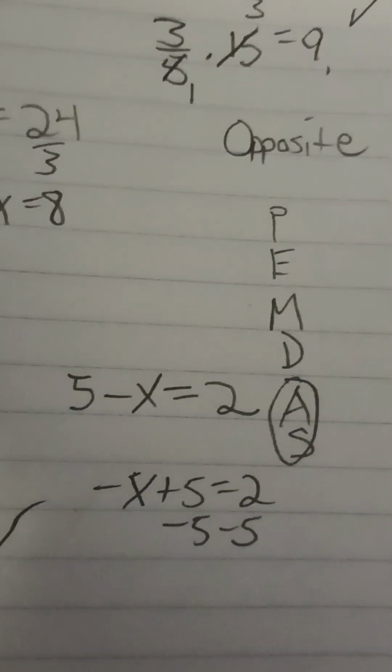Now we subtract 5 from both sides. So now I have negative x equals, and 2 minus 5 is negative 3. So negative x equals negative 3. Divide both sides by negative 1, and I get x equals 3. And 5 minus 3 is indeed 2.